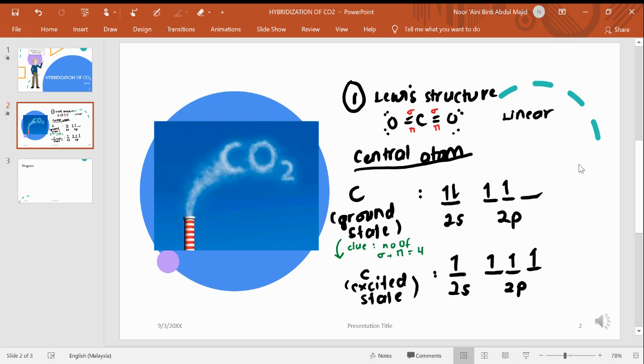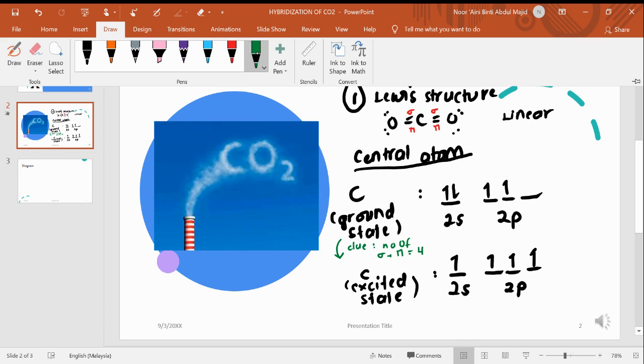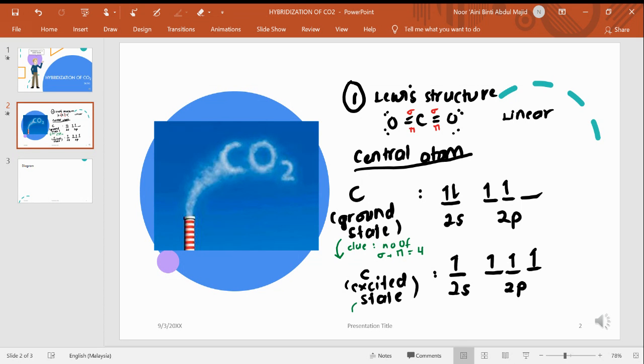Since carbon is at excited state and unstable, hybridization will happen to make it stable, since hybrid orbitals have lower energy. So what do we consider? Here, the clue is, you look at the number of sigma plus lone pair.